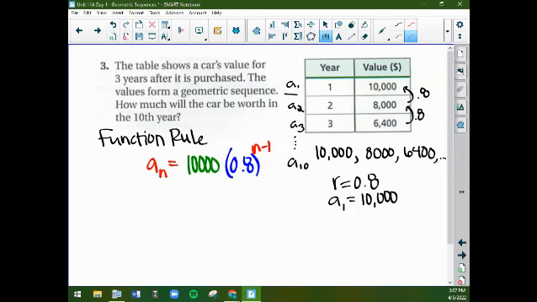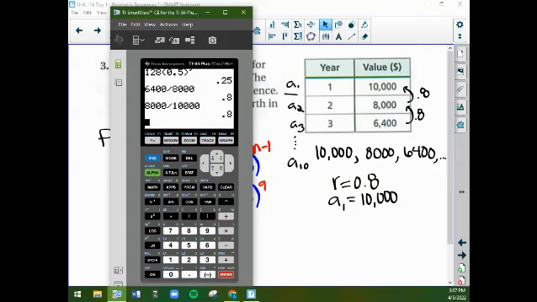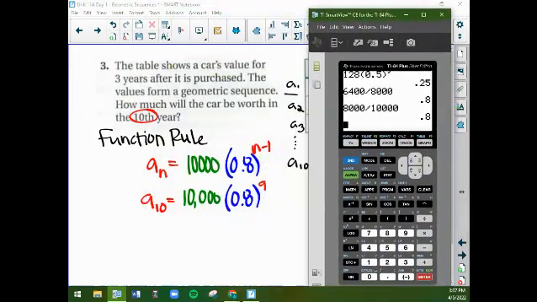Now let's calculate the 10th term, because that's what it's asking for after the 10th year. So a sub 10 is equal to 10,000 times 0.8. And if n is 10, n minus 1 is 9. Okay, let's see how much it's worth in its 10th year. So I do 10,000 times 0.8 to the power of 9.